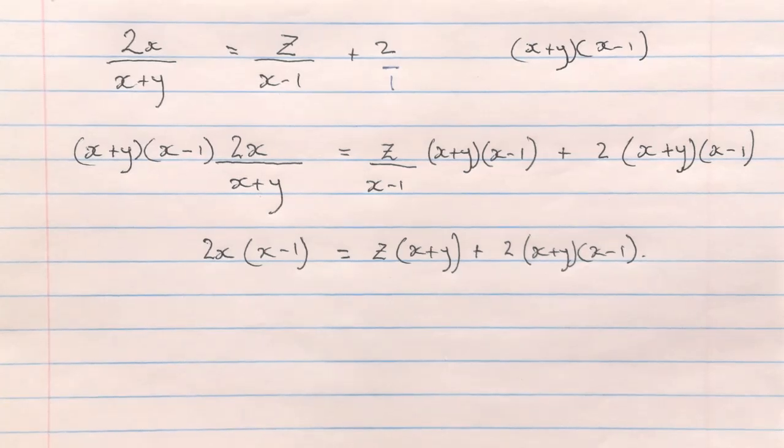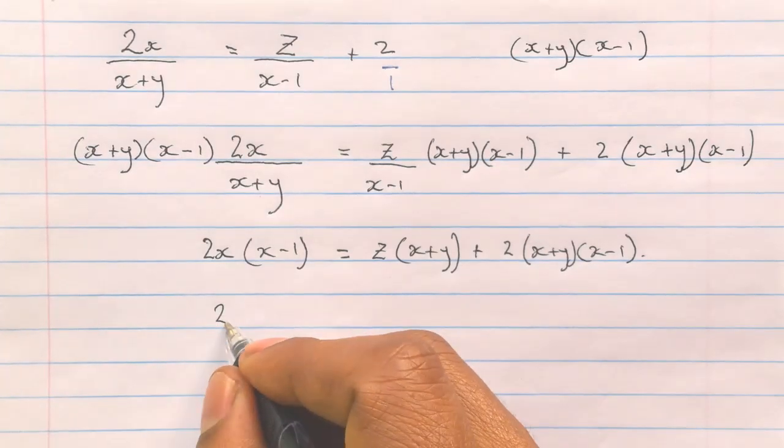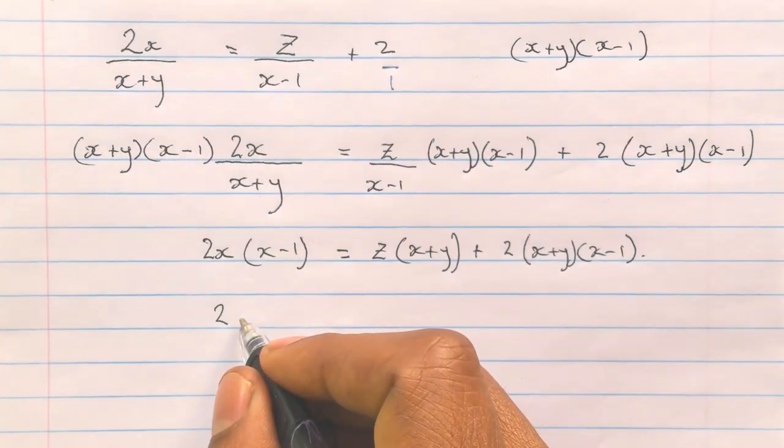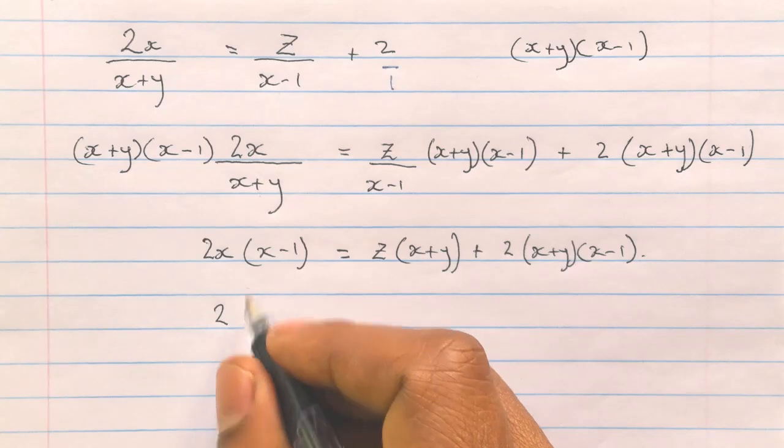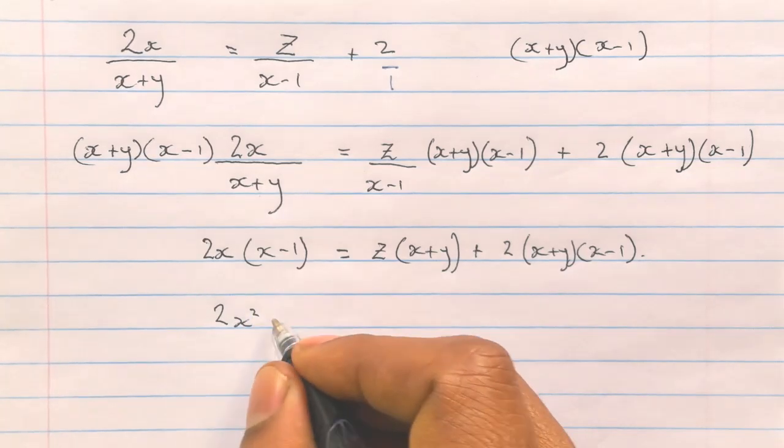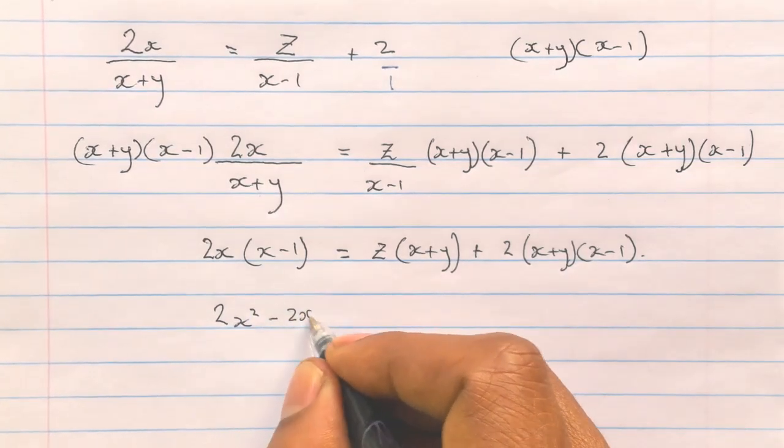So what do I want now? I want a situation where I only have x one side. How am I going to do that? Tricky, isn't it? Okay, let's see. I will have 2x squared. Let's see, 2x squared minus 2x.